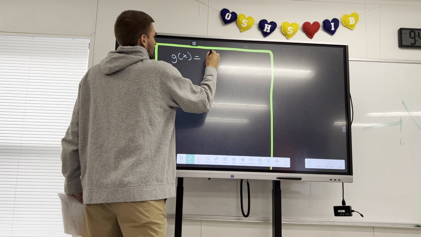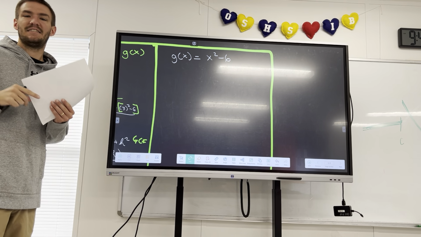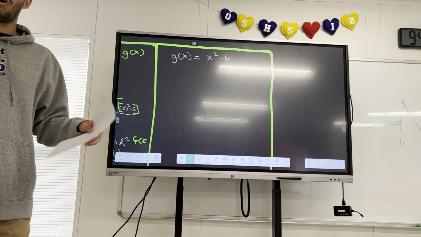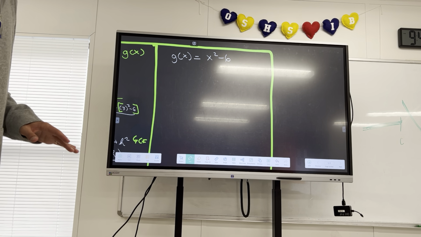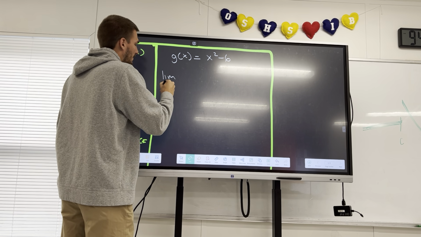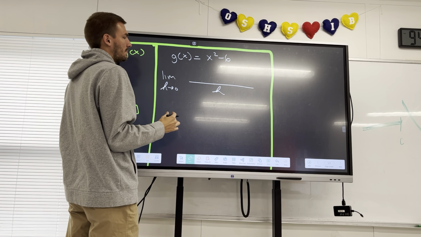G of x equals x squared minus 6. This time, instead of right away plugging in 3, let's leave all the numbers out and go for a letters only challenge. So, the limit as h goes to 0 with an h on the bottom.